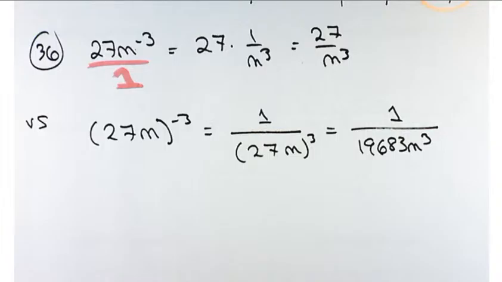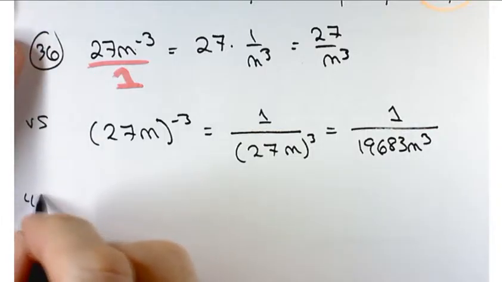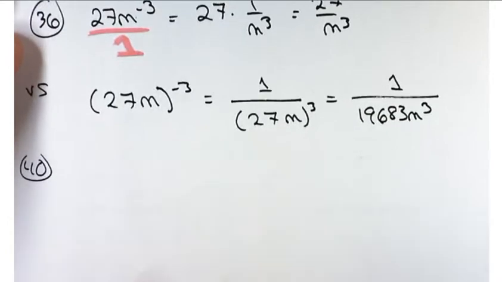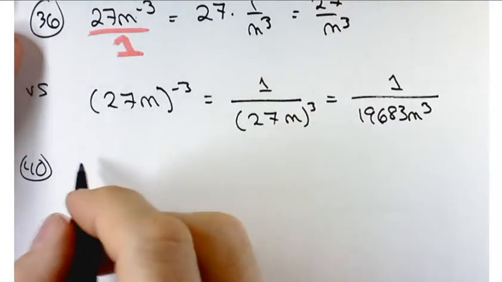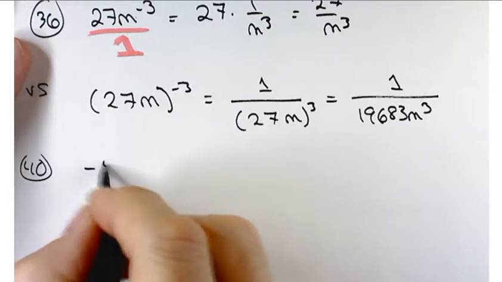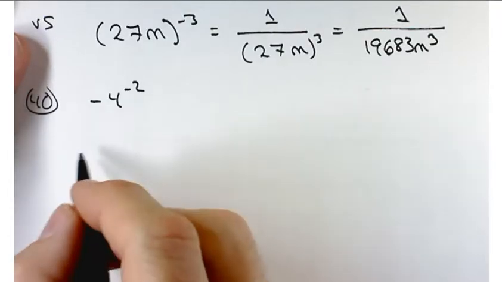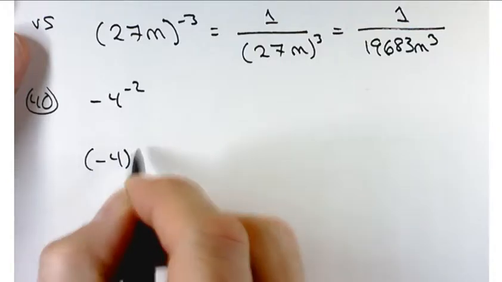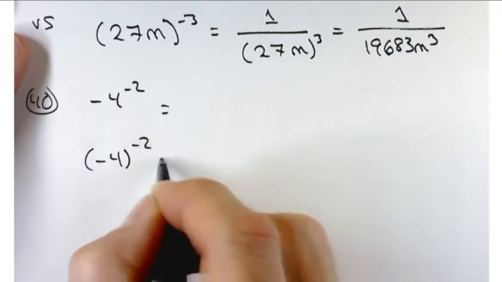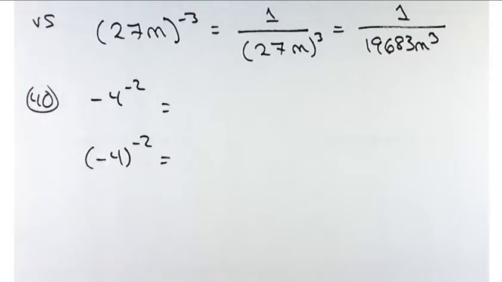Okay, problem number 40. Let me give you an expanded version of problem number 40, kind of testing you along these lines. So here's problem number 40 as it is in the book, negative 4 to the negative second. Let's also throw in negative 4 to the negative second with the parentheses. Typically the answers are different.